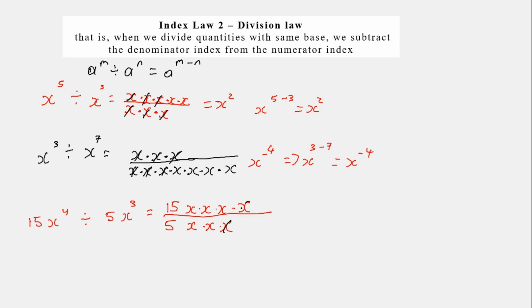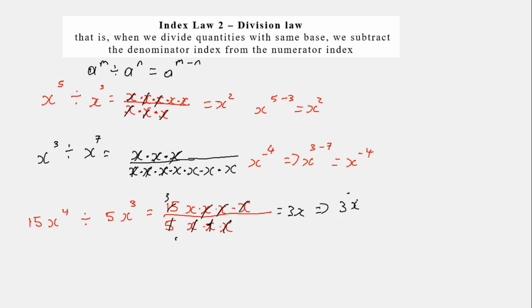We can cancel: 5 into 5 is 1, 5 into 15 is 3, and we are left with 3x. This is similar to 15 divided by 5 equals 3, then x to the 4 minus 3, which is equal to 3x.